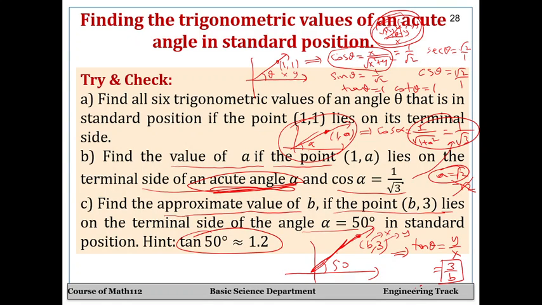Now what we get here is 3 over b, which is tangent alpha, tangent 50. So 3 over b is approximately 1.2, and you can calculate b is approximately 3 over 1.2, and I think this is about something like 2.5. I guess it should be 2.5.